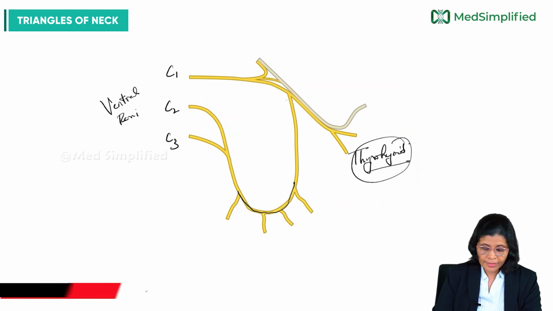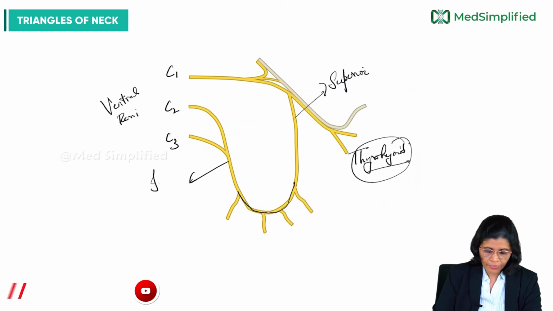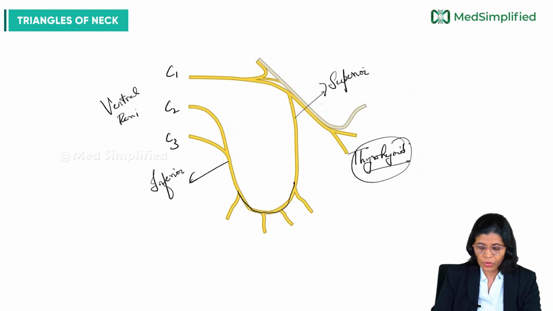So the ansa cervicalis is formed, and it has two roots. One we call the superior root, and the other we call the inferior root. The superior root has another name, the descendens hypoglossi, because it comes from the descending branch of the hypoglossal nerve, which gets a contribution from the C1 spinal nerve also.